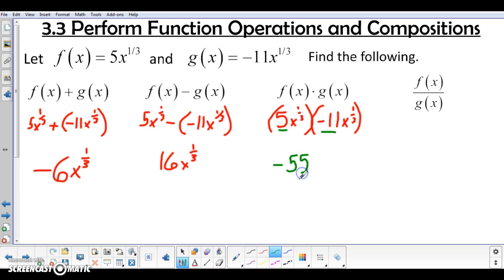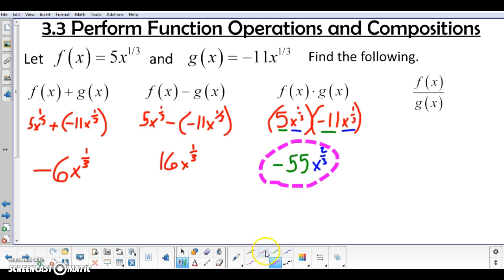But then I should also multiply the variables together. X to the 1/3 times x to the 1/3. When I have the same base of a power, I add the exponents together. So that's going to be x to the 1/3 plus 1/3 is 2/3. So negative 55x to the 2/3 would be the product of those 2 functions.